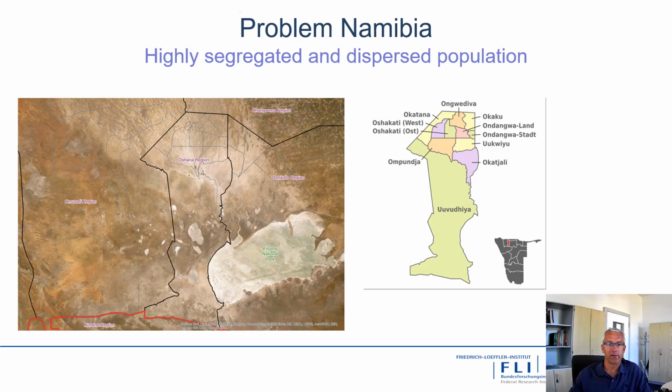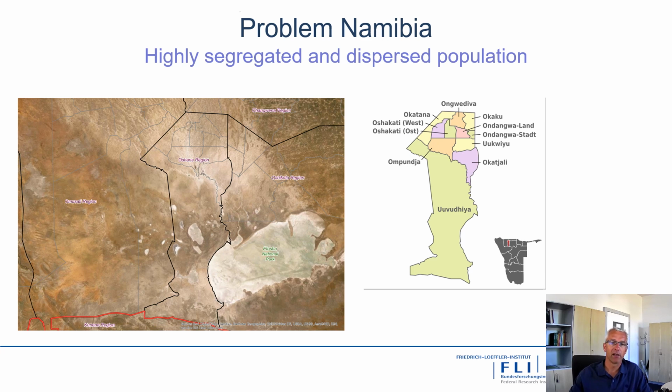So for about 10 years, we've been working in Namibia, and we faced the problem that for analyzing and planning dog vaccination campaigns, we lack good quality dog population estimates.